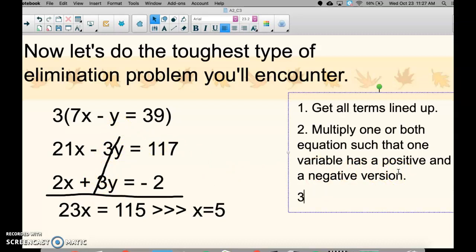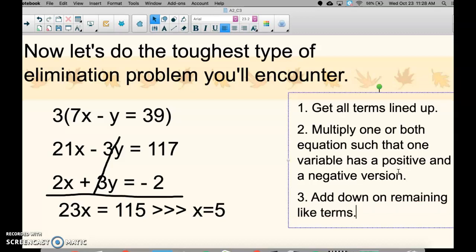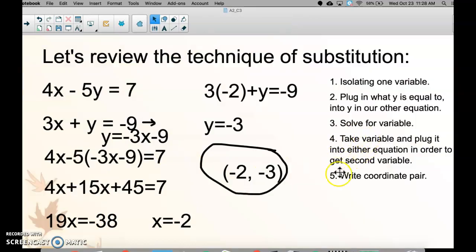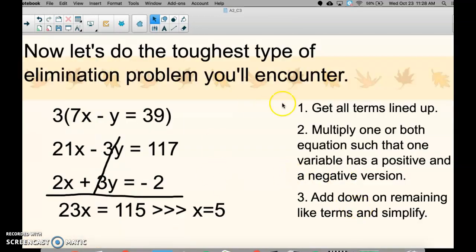So from there, we add down on remaining like terms and simplify, which is just this final step here. From there, it's the exact same steps as the last problem we did with 4 and 5, where we take the variable, plug it into either equation, and then write it as a coordinate pair.